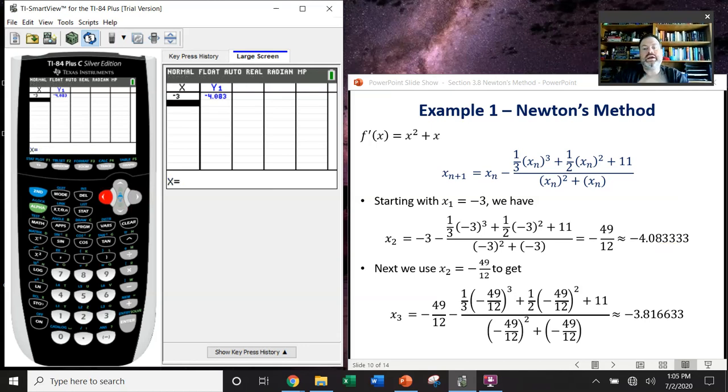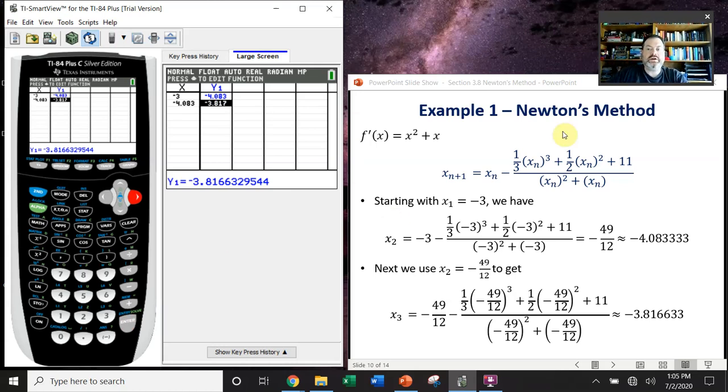Now, we've already got it in the function grapher. So all I have to do is type in that number. -4.083333. Just put as many 3's in as you want, doesn't matter. And again, just mouse over, and you can see that to any number of decimal places accuracy that you need. So, that's very quick.